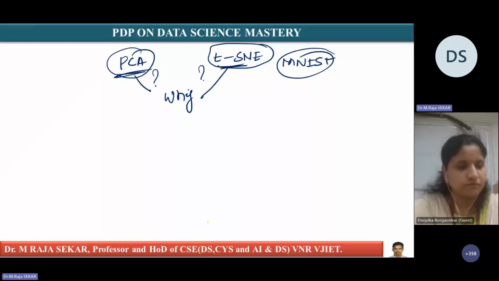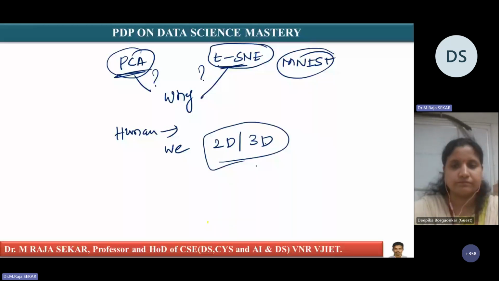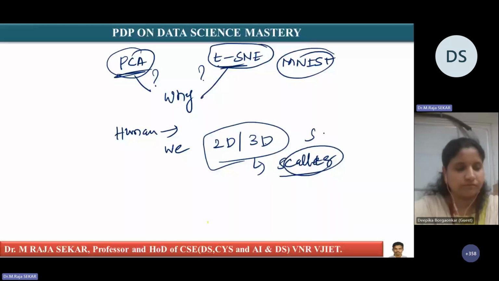If you observe carefully, humans have the power of visualizing. Humans can visualize only 2D or 3D data. How can we visualize this 2D and 3D data? Using scatter plots. Last week we conducted a data visualization professional development program, where our experts discussed all data visualization techniques.